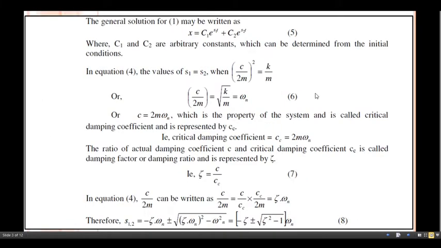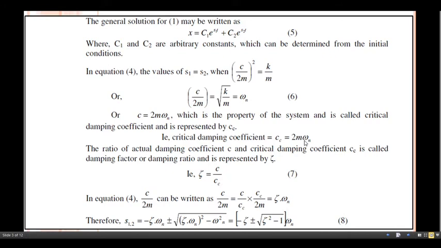So once we solve this step by step: zeta is the ratio of the actual damping coefficient to the critical damping coefficient, and Cc is 2 into m into omega n.